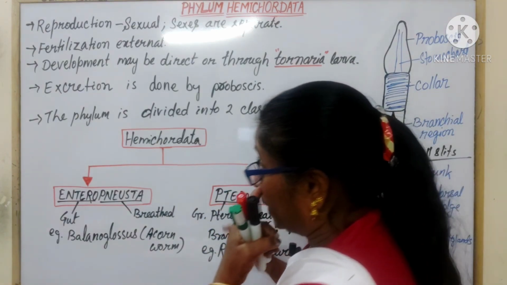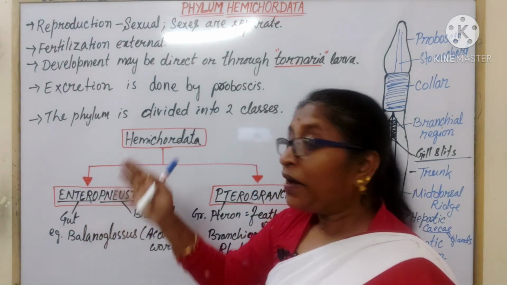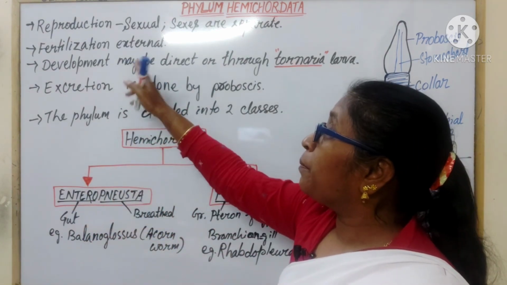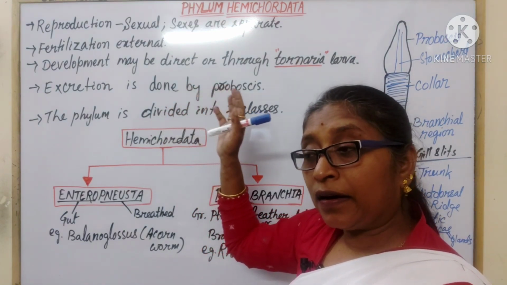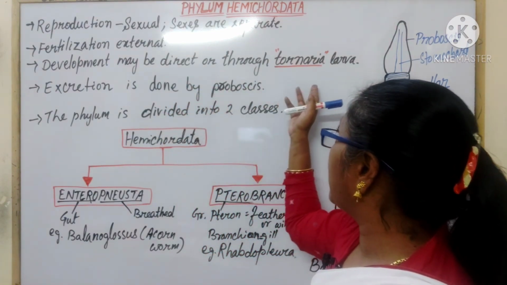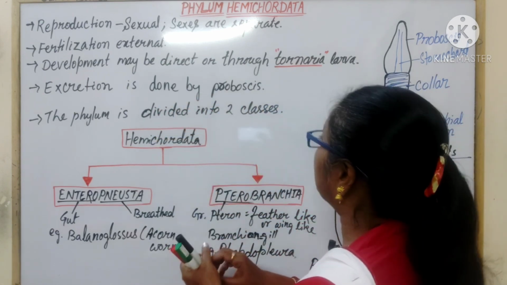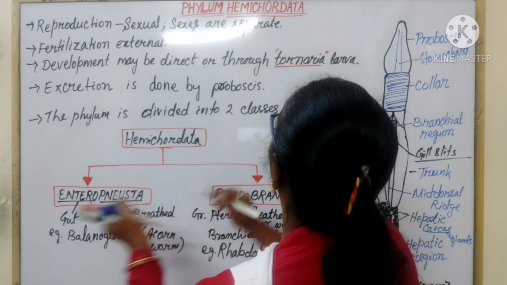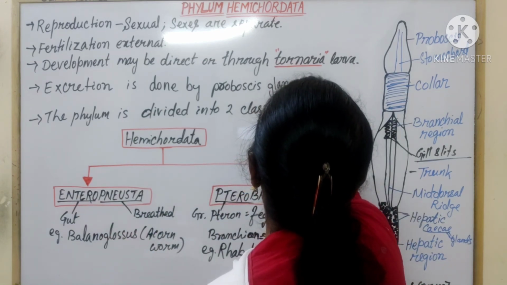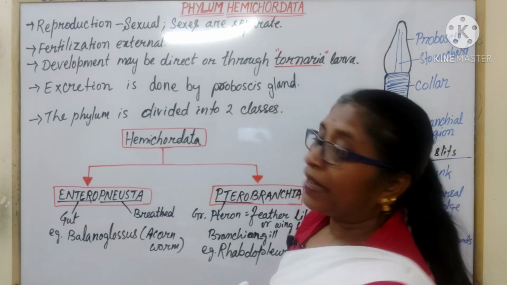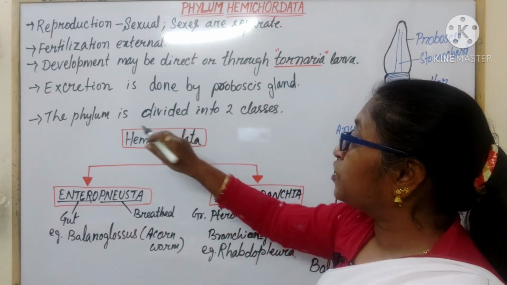Reproduction is sexual, sexes are separate, dioecious, fertilization is external, development is mostly indirect with tornaria larva. Excretion is done by the proboscis glands.